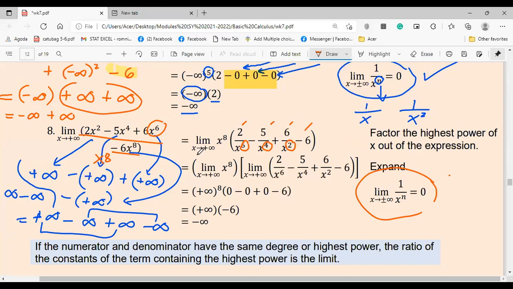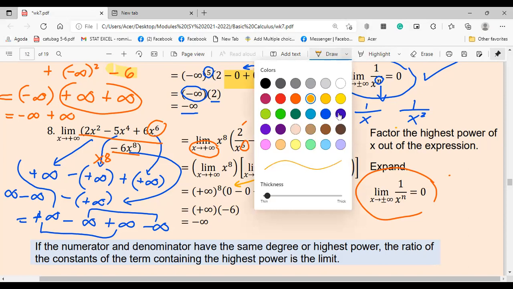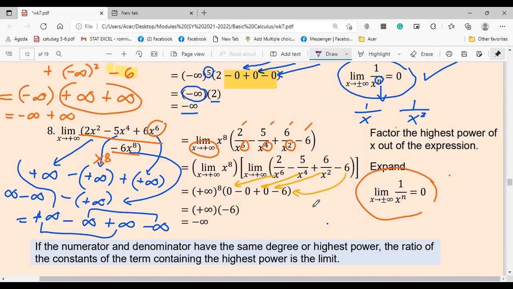And remember, this is a limit at infinity. That is the reason why now, class, this is 0, 0, and this is simply 6, a constant. It's a constant, class, so it doesn't go to 0. What you always look out for here is the constant, because it doesn't go to 0. So its sign has a big effect in identifying the final answer.